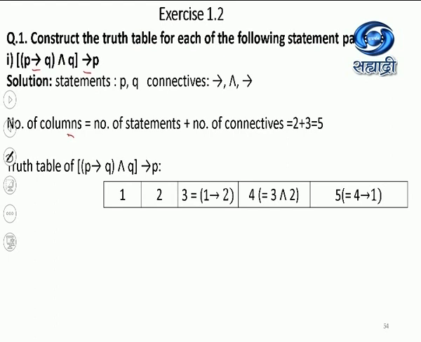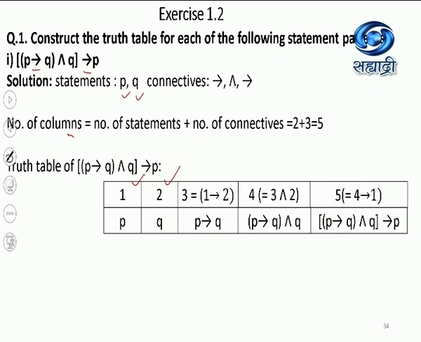Now since only two statements are there, P and Q, the first two columns will go for these prime components P and Q. Now from the third column onwards, you have to start for the statement patterns from the left hand side. We have seen the BODMAS rule in school.